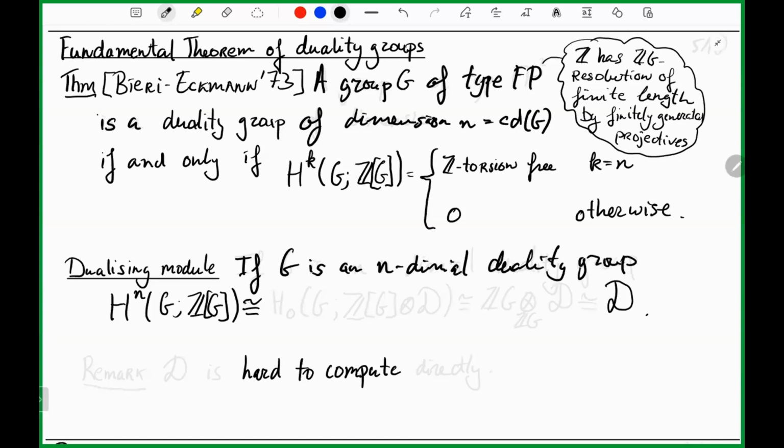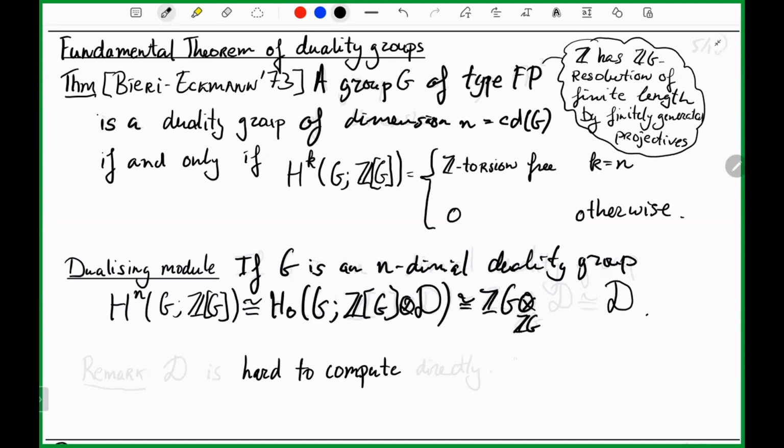then we can do a little computation. We can use the duality to go from the n-th cohomology group to the zeroth homology group of G with coefficients in the group ring tensored with D. By the characterization of the zeroth homology as a tensor product, this is just the group ring ZG tensored with D over the group ring, which is just the module itself.